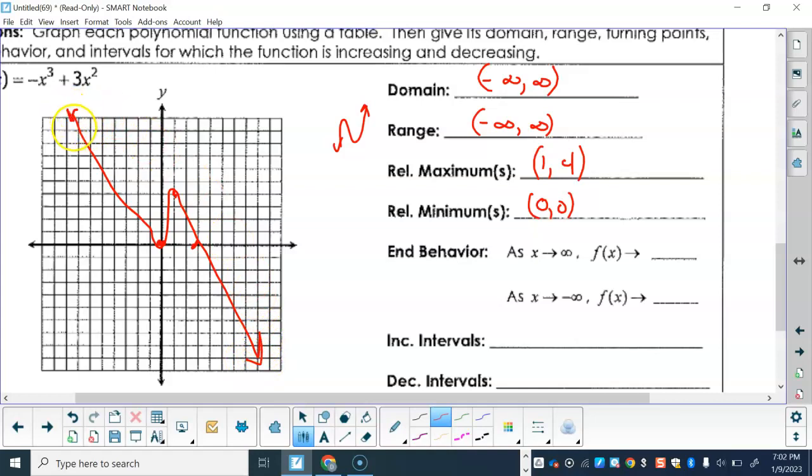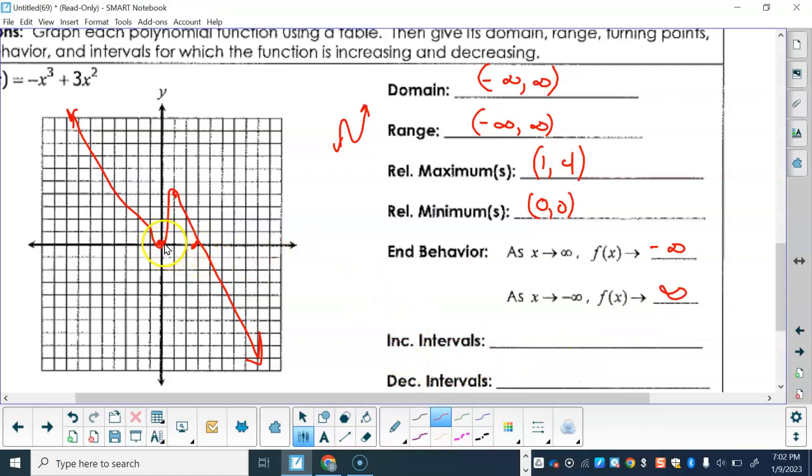Okay, so I know from the end behavior, on the right hand side, since it is a negative leading coefficient, this is going to be negative infinity. Now it's an odd function, which means that this needs to go in the opposite direction, as I showed on the graph, so that goes to infinity.